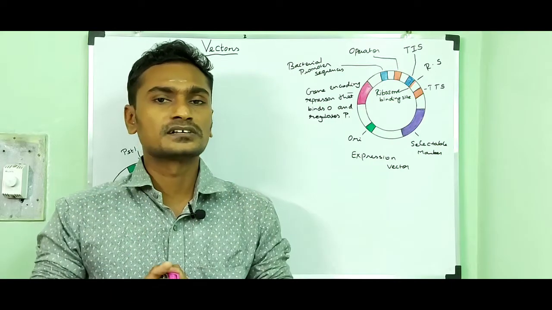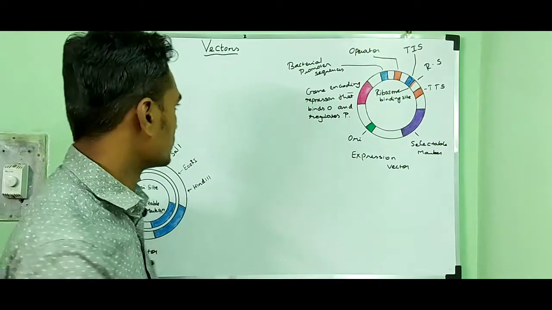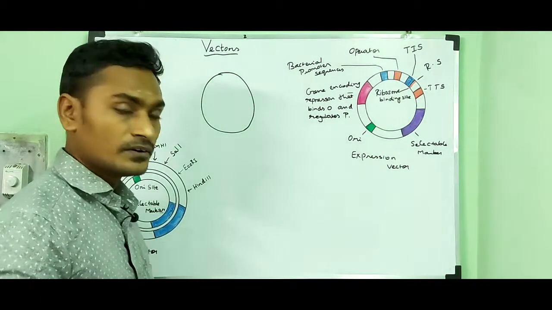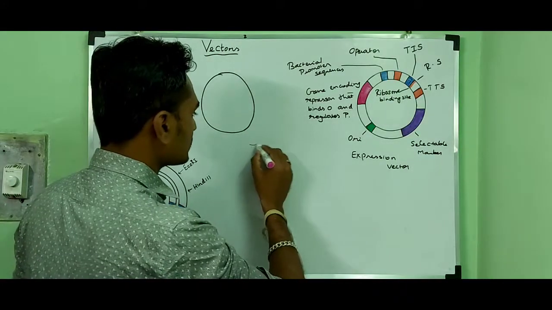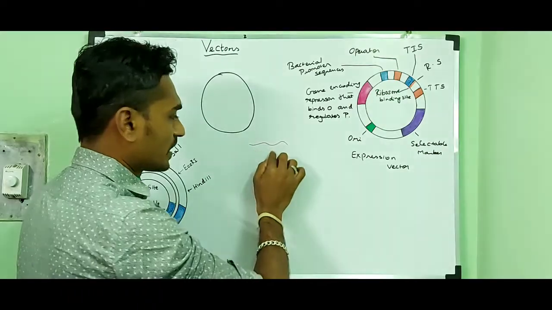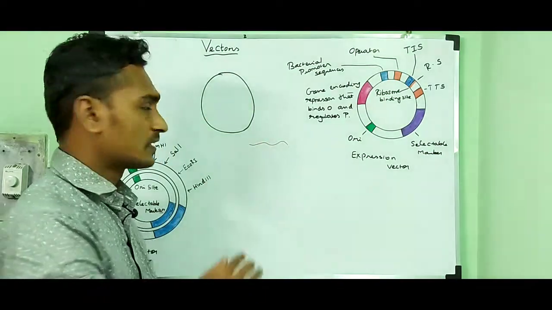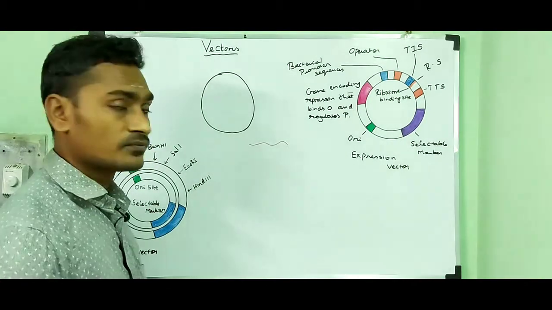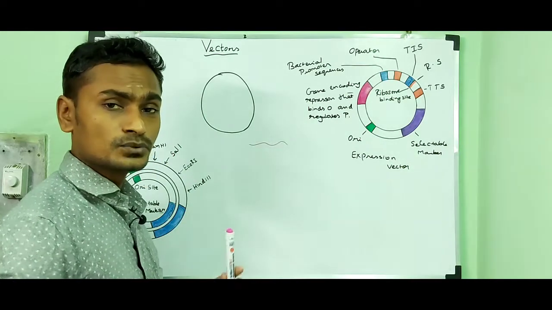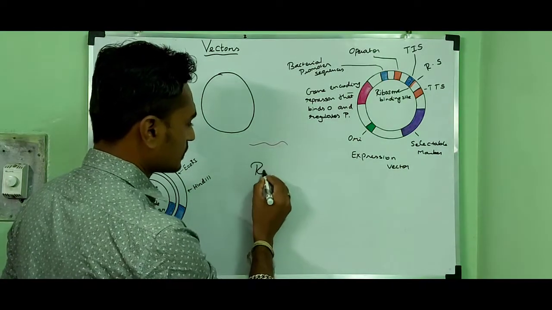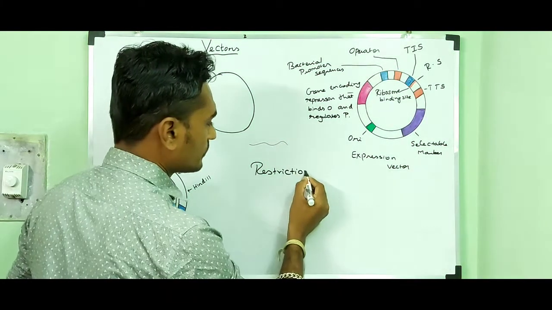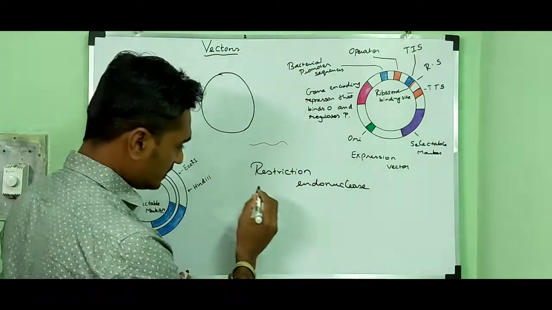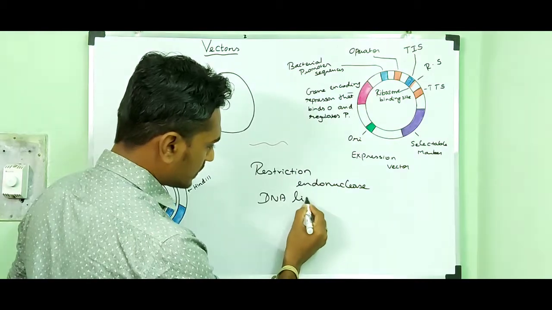So in recombinant DNA technology, we have to isolate a plasmid. So this is a plasmid or a vector. Then we have to isolate the gene of interest. So the gene of interest has to be inserted into the vector by the process called insertion. For that process, we need two types of enzymes. They are restriction endonuclease, then DNA ligase.